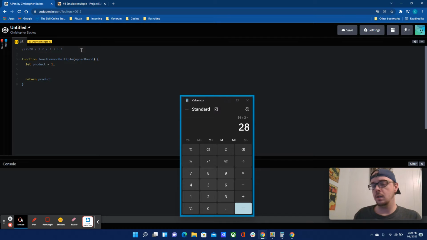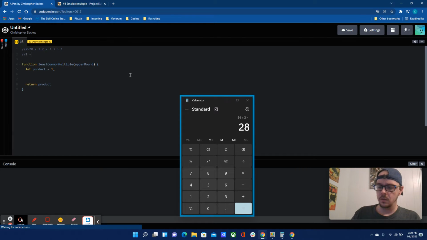So what we actually need to do for between 1 and 20 is replicate this, where we get all of the prime numbers raised to a power that is still within the upper limit, while also being as great as possible. It has to be the highest exponent possible for that number within the upper bound of the limit that we have.